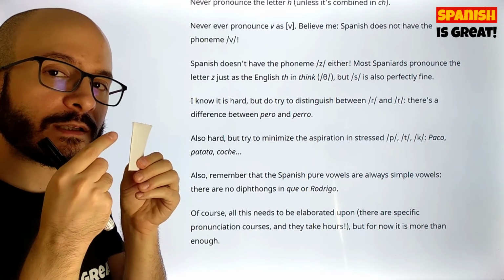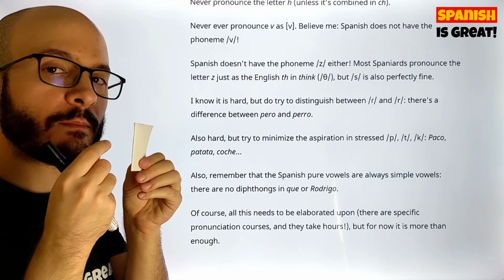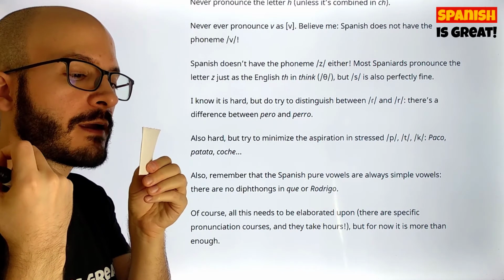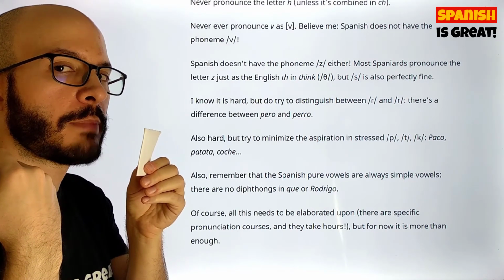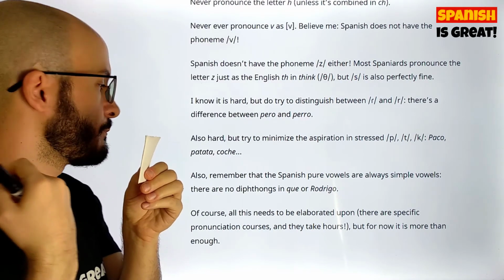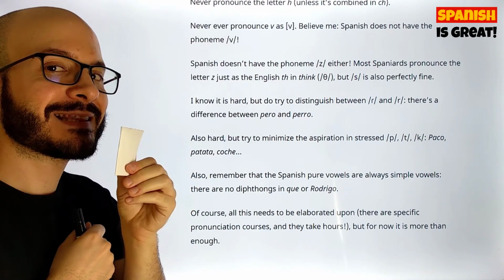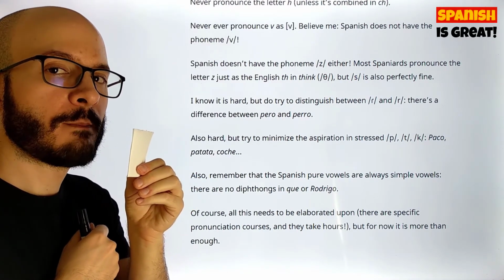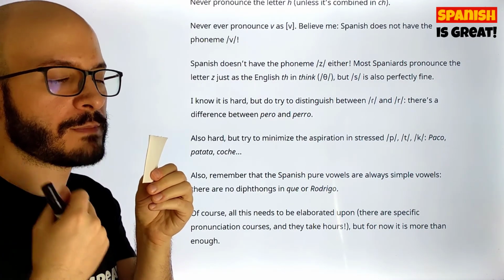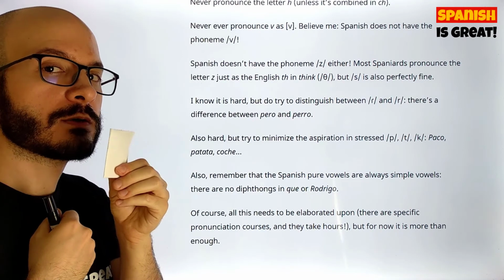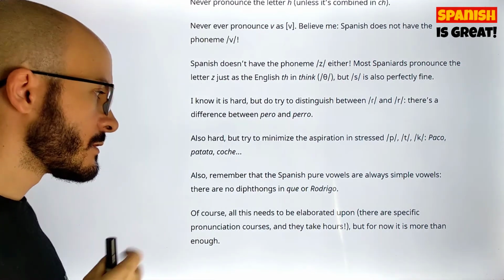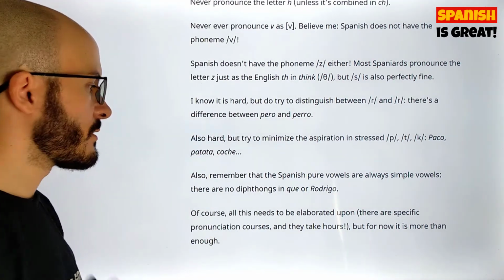You see, it doesn't move. But then an English speaker would say Paco. It moved. Then for example, patata. It doesn't move. Patata, it moved a bit. Or coche. You see? So practice with that.